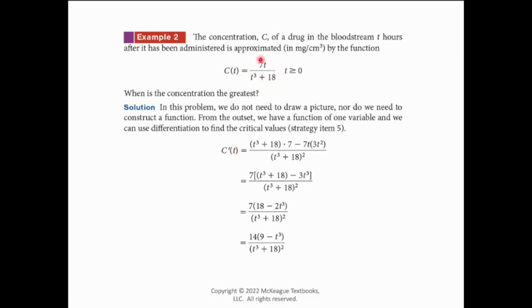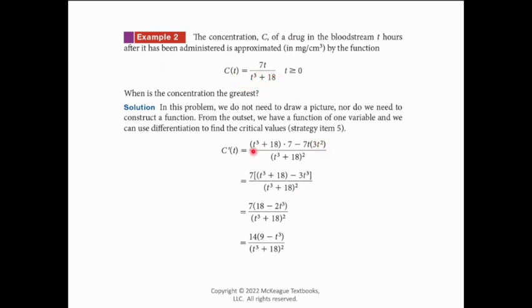So we're going to take the derivative of the top, which is 7, and multiply it by the bottom, which is t to the third plus 18. And then we're going to subtract the derivative of the bottom times the top. Here's the top, 7t, times the derivative of the bottom. The derivative of the denominator is 3t squared.